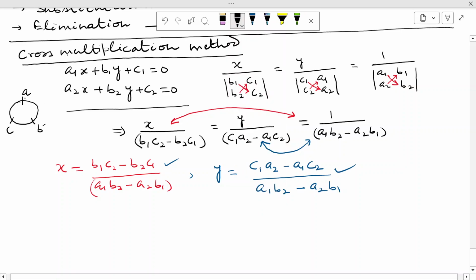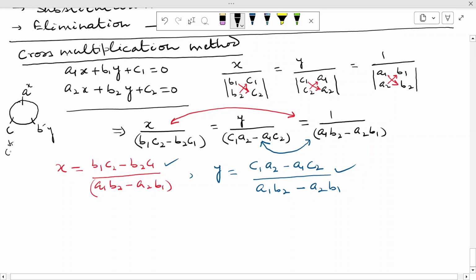Now the important thing is you must write this circle, just write A B C and move clockwise. Starting from A, this corresponds to x, this corresponds to y, and this corresponds to the constant term.